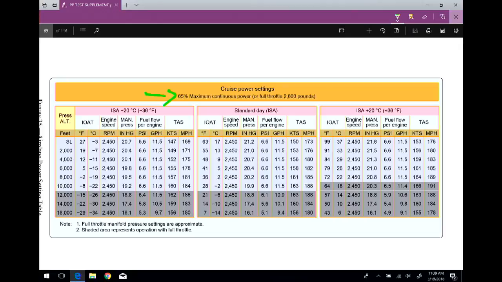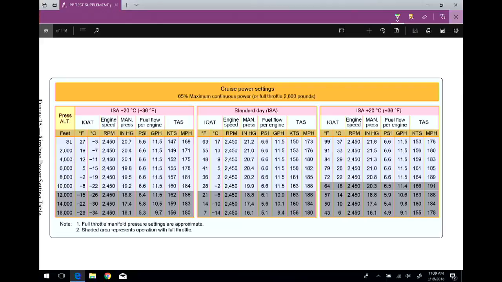Okay. So this is more of a realistic power setting that you're going to have in an airplane when you're going to go someplace. And again, for this aircraft, they're showing full throttle at 2,800 pounds, so we just kind of take that with a grain of salt.